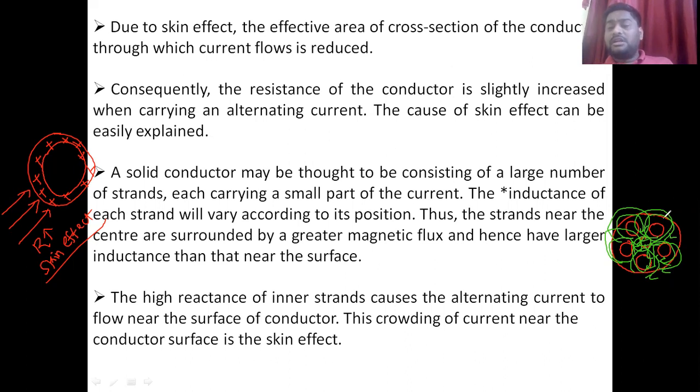That means a large inductance is produced at the center of the conductor. That means the opposition to the current at the center of the conductor is more compared to the surrounding conductors, because magnetic flux lines cut the middle conductor, means the middle portion links with more magnetic flux lines. That means the inductance of the middle conductor increases. Inductance increases means current decreases.